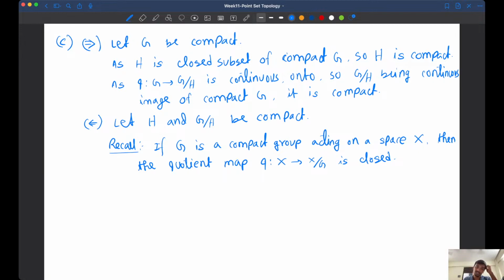So in this case, can you say that this Q map from G to G mod H is closed? Why will this be closed?